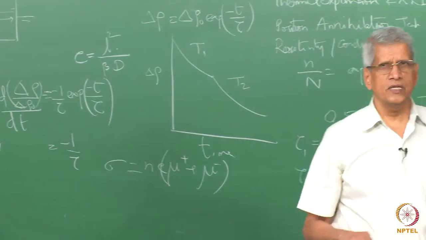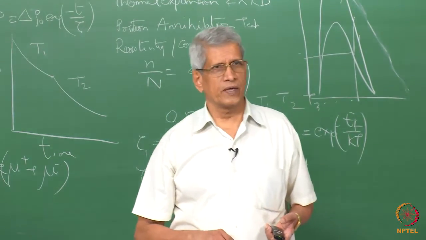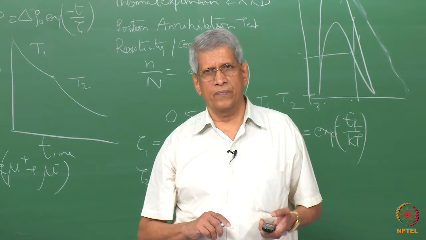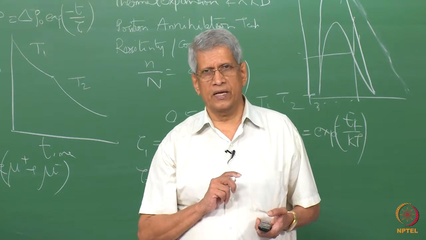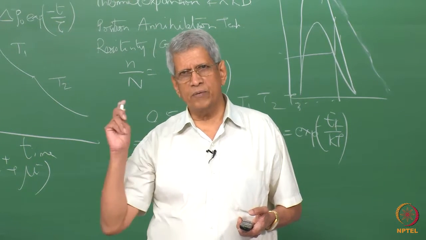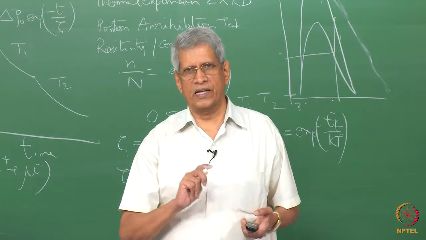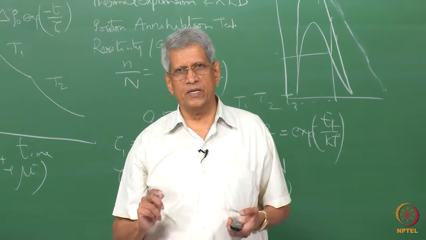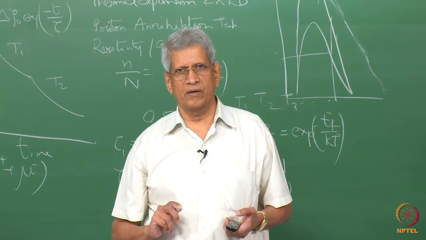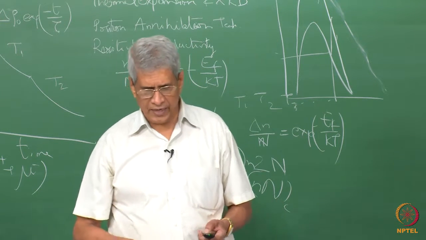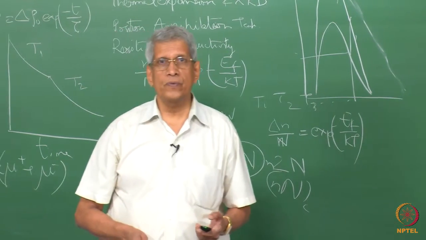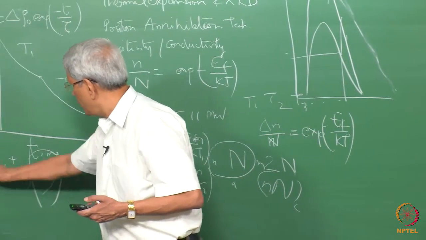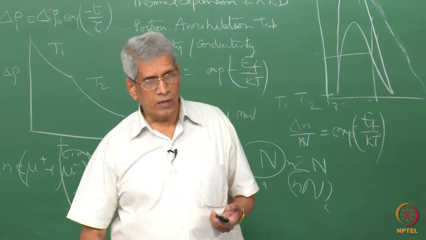But normally what has been seen in many of these materials is that the size of the anion is very large and the cation size is small. So the cation moves much faster compared to the anion; its mobility is high. Because of that, the conductivity is essentially controlled by cation mobility. In that case, this expression reduces to sigma equals, only because this term will be absent, N e into mu plus.